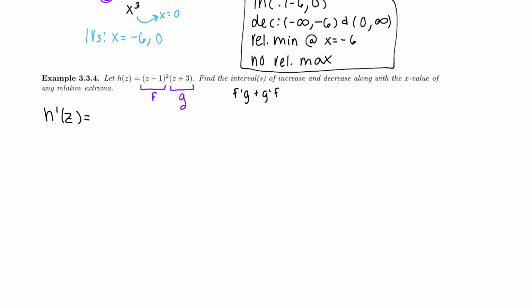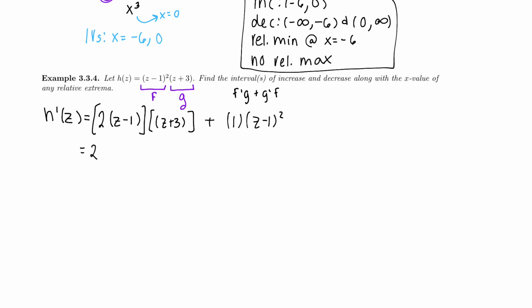F prime is going to be 2 times z minus 1 raised to the first power, and then the derivative of the inside is 1. So I don't really need to write any of that. I'm going to erase it because raised to the first power is just itself. So that's f prime times g, which is z plus 3, plus g prime, which is 1, times f, which is z minus 1 quantity squared.